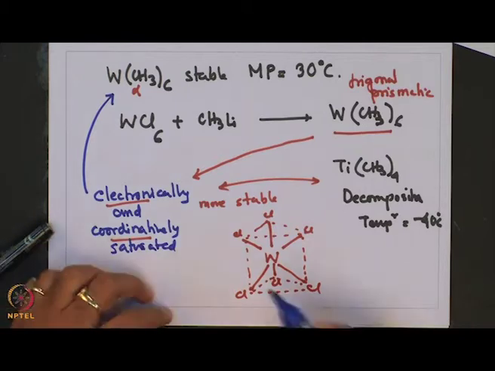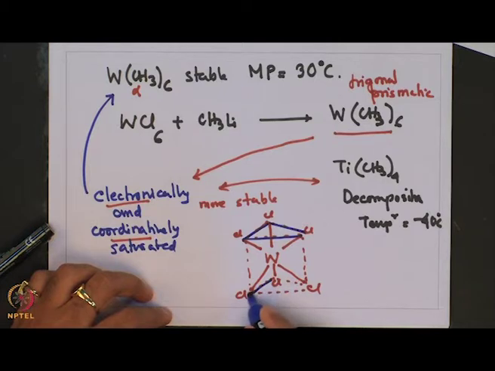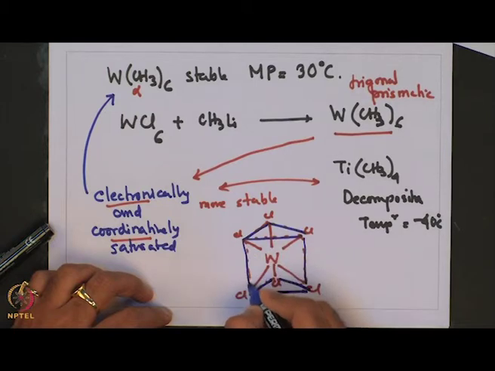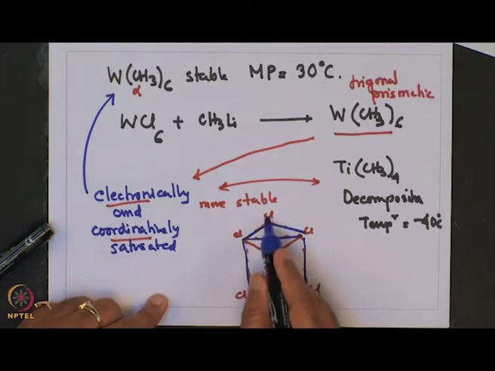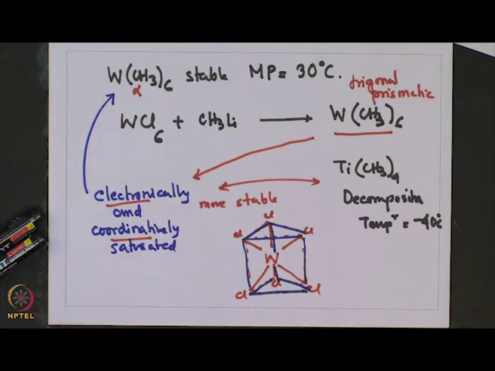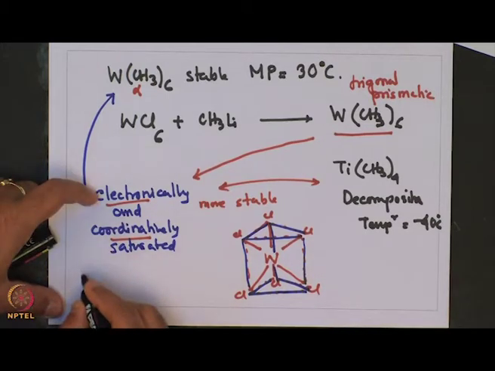This can be seen as a prism, whereby the 3 vertices are occupied by 3 methyl groups, the top one and the bottom one, and tungsten sits in the middle.